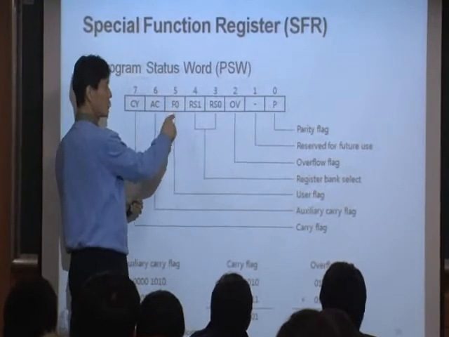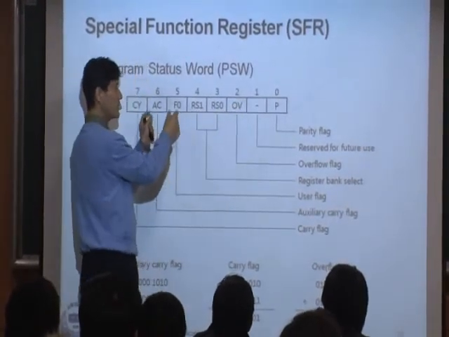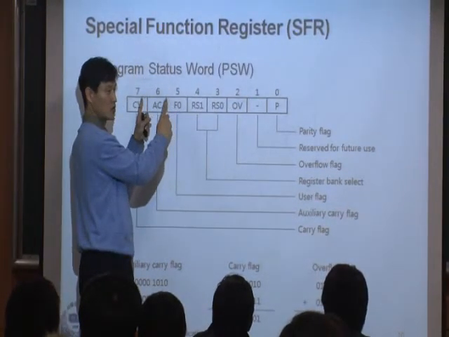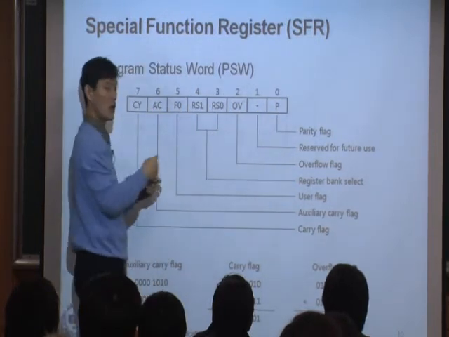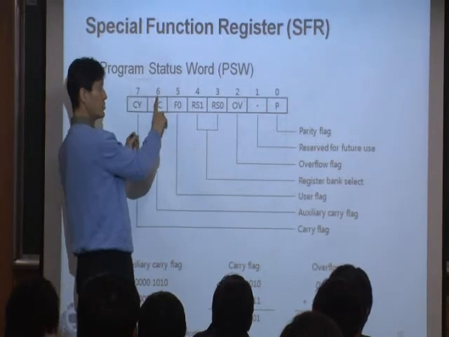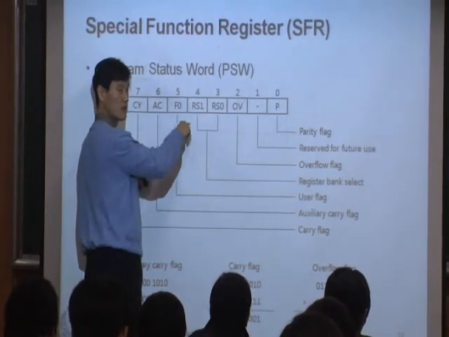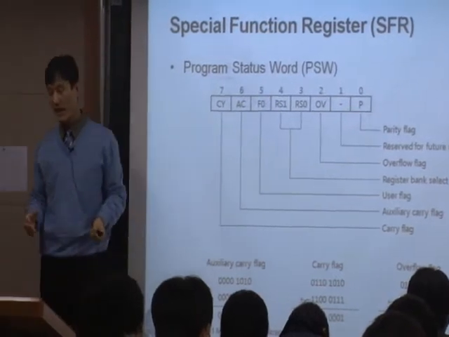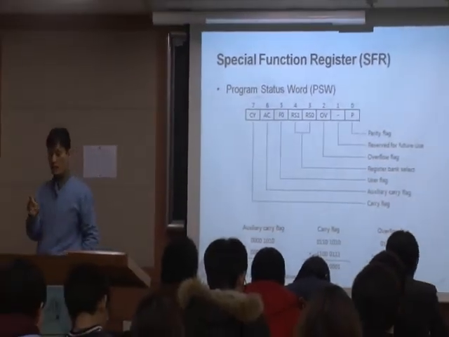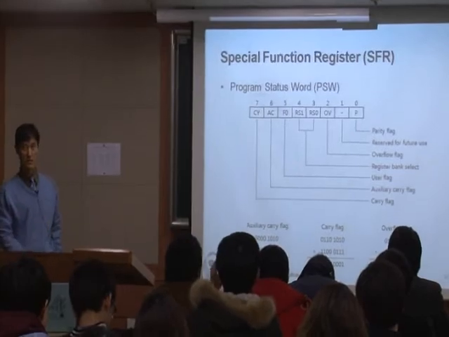Like 0, 1, 1, 0, 0, 0. If we have an even number, 2, 4, or 0, then it's a 0. If we have odd numbers, like only 1 or 3, 5, then it's 1. Okay? So the parity flag basically checks how many ones are in this register. That's the parity flag.